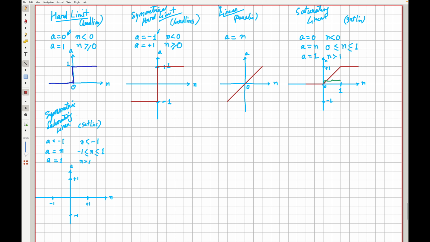We look at the values less than -1, and that's where a would be -1. So this part would be -1 for a when n is less than -1, and likewise if n is greater than 1, then a is equal to +1. Then this part simply connects those two, such that if n is between -1 and +1, then we see that diagonal line.